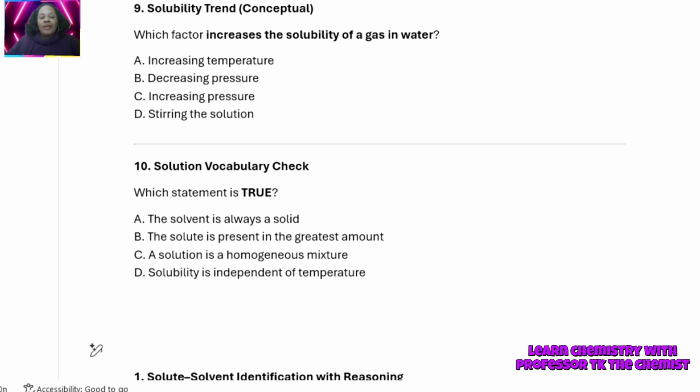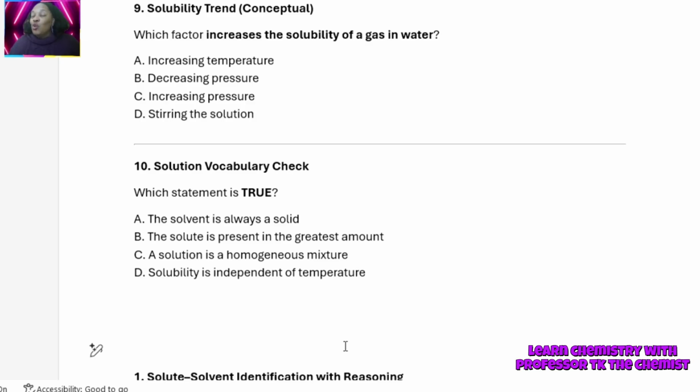Now, number 10. That was our last question. Which statement is true? A, the solvent is always a solid? Solvents are liquids, I'm just telling you to get rid of that one. B, the solute is present in the greatest amount.